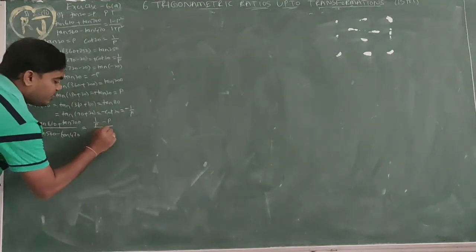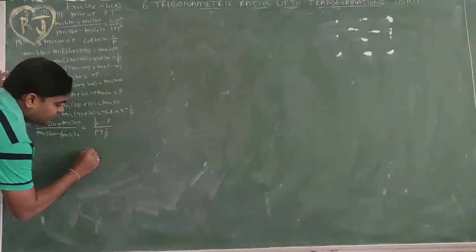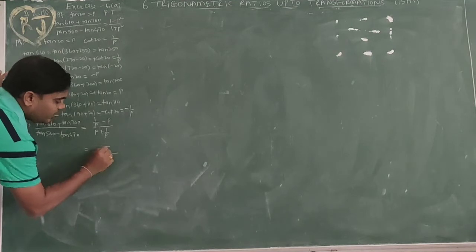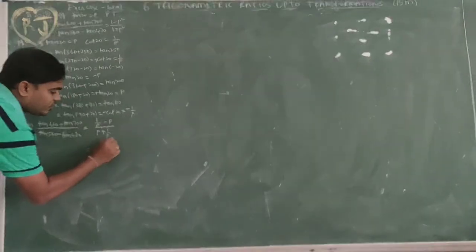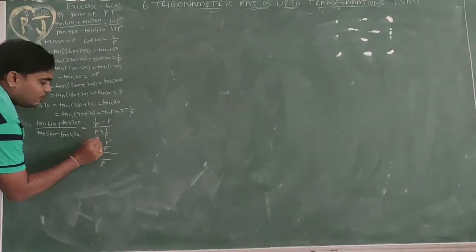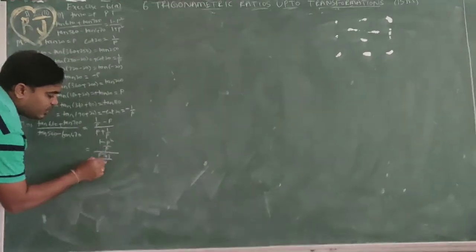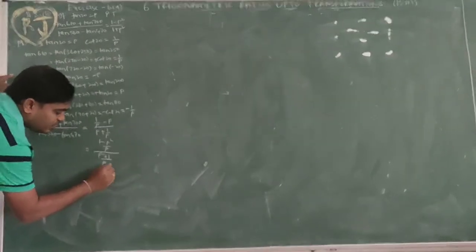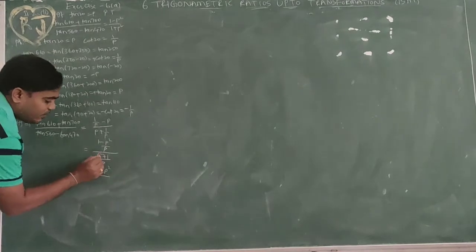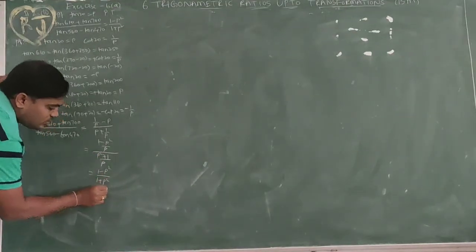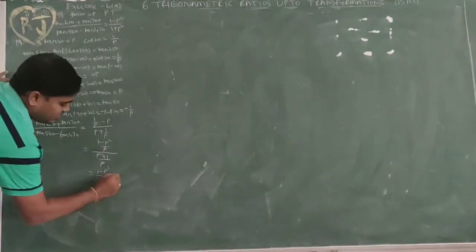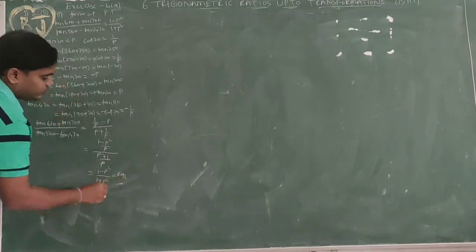Minus of minus gives plus 1 by p. Taking LCM, we get p into (1 minus p square) by (p square plus 1) by p. The p cancels. So 1 minus p square by 1 plus p square. So this is the RHS. Okay, next.